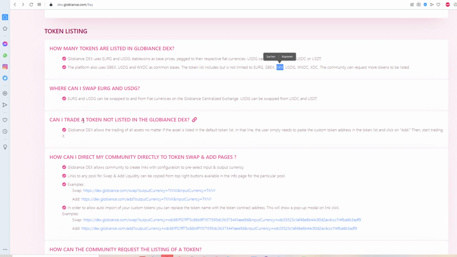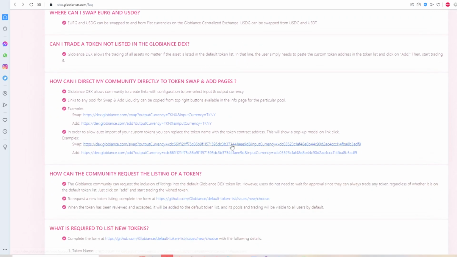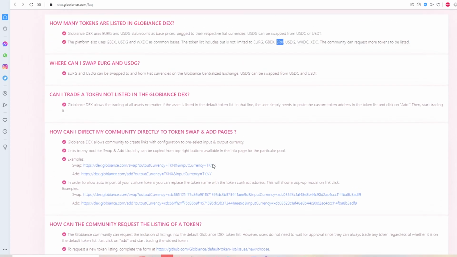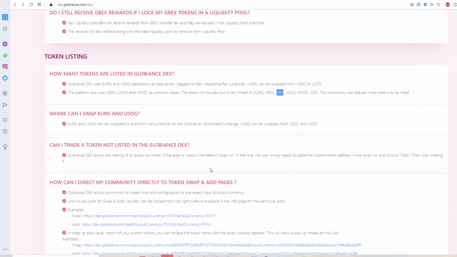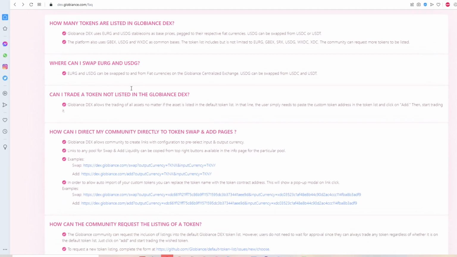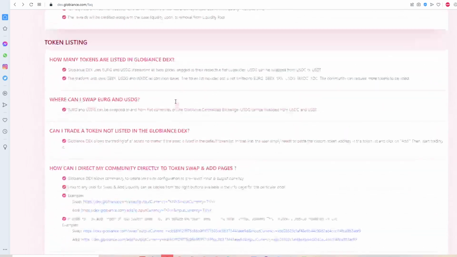You can see here that Globiance DEX allows trading of all assets, no matter whether the asset is listed in the default token list or not. So in principle, you can also add new ones if you want. Whatever XRC20 token is on the network, you could add it, you could create a liquidity pool for it, etc. They just give you the most common ones currently, as simple as that.